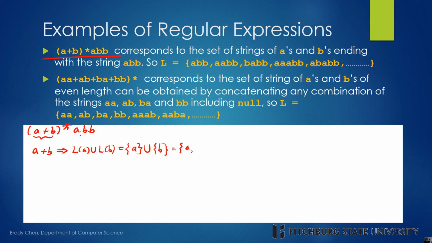Then we have the Kleene star of this a and b, so it contains epsilon, the empty string, a, b, aa, ab, ba, bb.